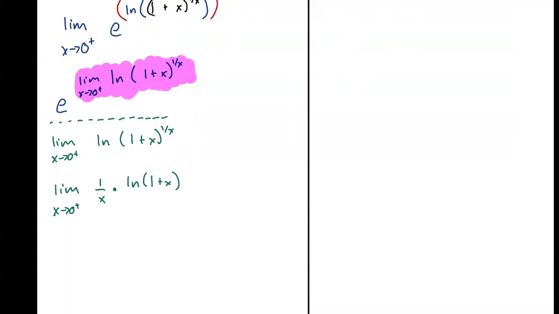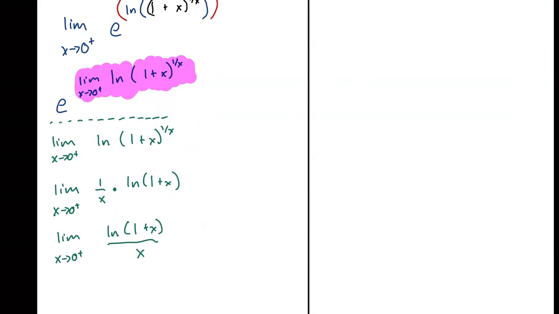By the way, you could even see right here, if I rewrote this as the limit as x approaches 0 from the right of ln of (1 plus x) over x, and you consider this is 0 over 0 again, so it's still indeterminate through all of this.